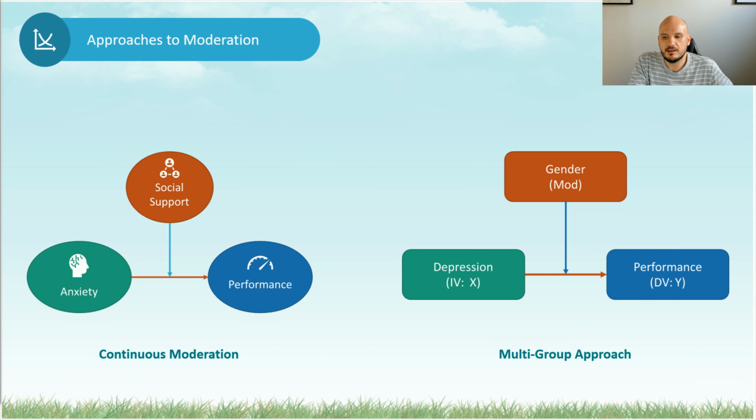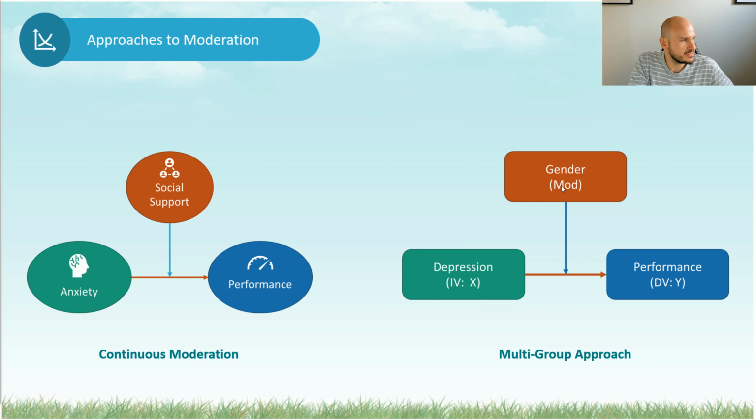So there are basically two approaches towards estimating moderation. There is what we call continuous moderation, which can be between latent factors like here, or it can be between just observed factors, so mean scores. Or there's the multi-group approach, where we basically look at the relationship between two factors and see if it's different from each other.